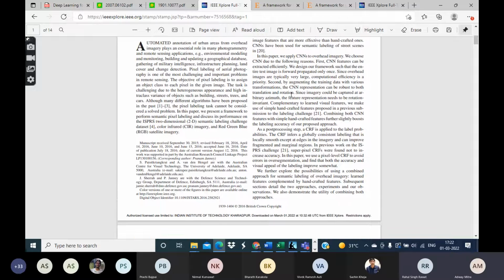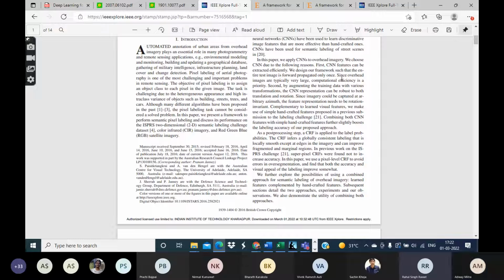So what's the idea? Since overhead images are typically very large, computational efficiency is a priority. Second, by augmenting the training data with various transformations, the CNN representation can be robust to both translation and rotation.